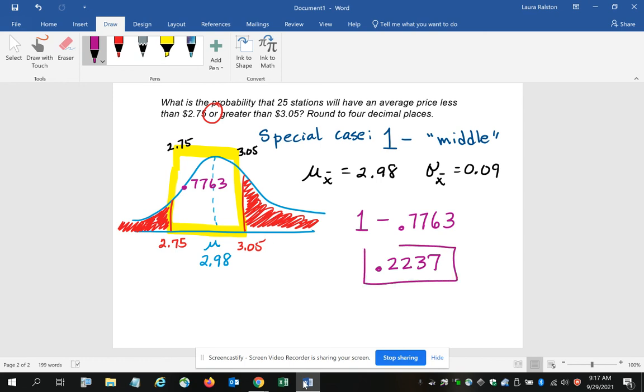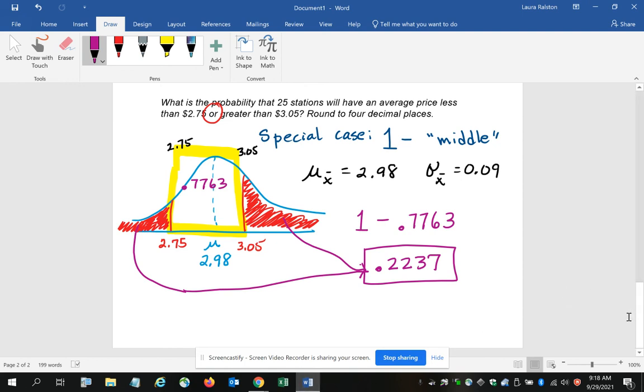And that value of 0.2237 encompasses the area to the left and the area to the right. Minitab's already kind of combined that together for you. So there's about a 22% chance that the average price will be less than $2.75 or greater than $3.05 for those 25 stations.